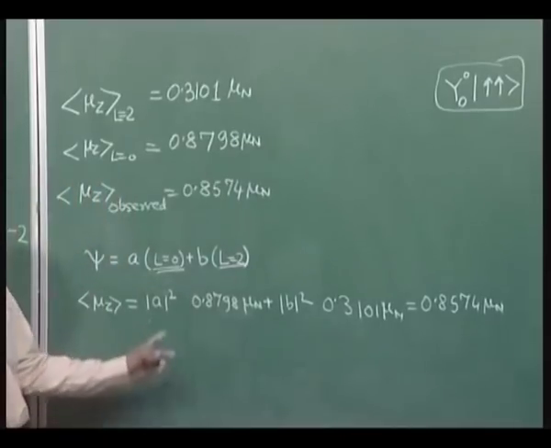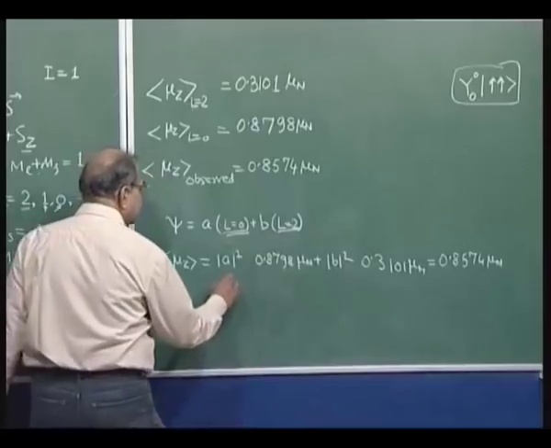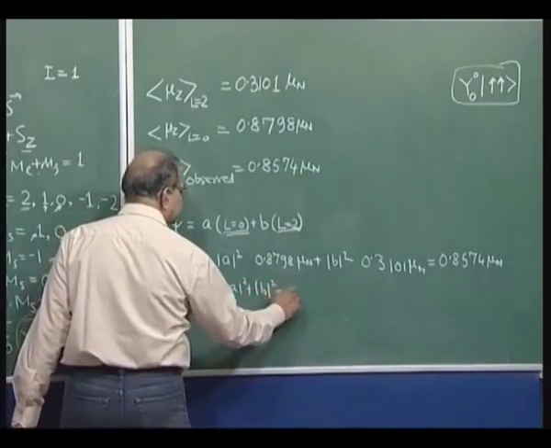So, you have a relation between A square and B square, and the other relation is A square plus B square should be 1.